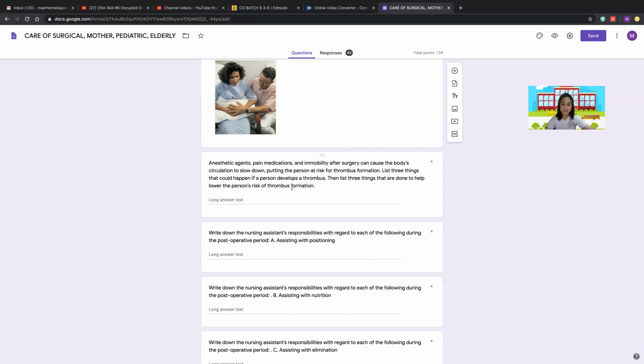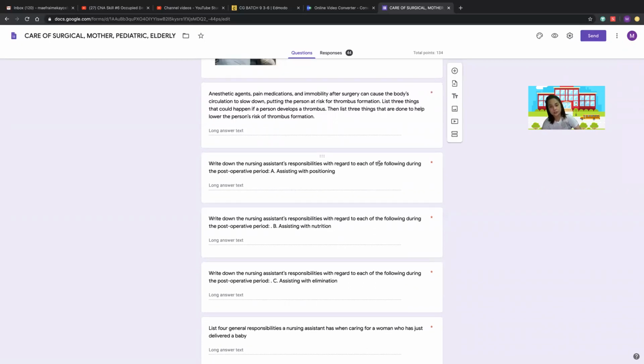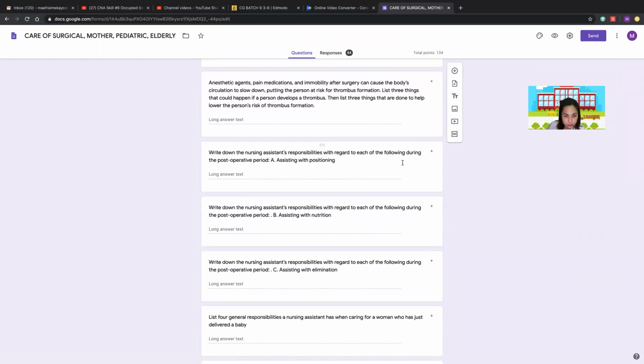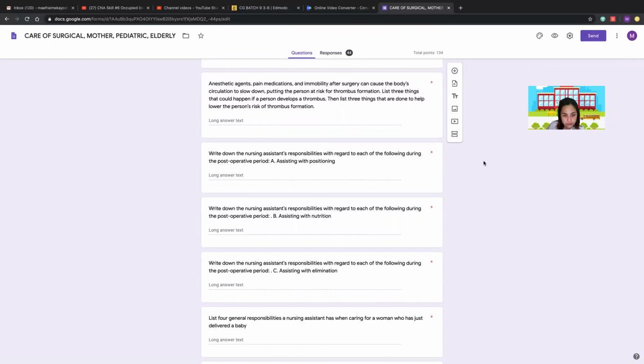Write down the nursing assistant responsibilities with regards to each of the following during the post-operative period. While assisting with positioning, if your patient had spinal anesthesia, we position our patient flat on bed for 24 hours to prevent spinal headache. If your patient had general anesthesia, allow your patient to stay on bed rest 4 to 6 hours, because he might collapse if he mobilizes or feels dizzy.